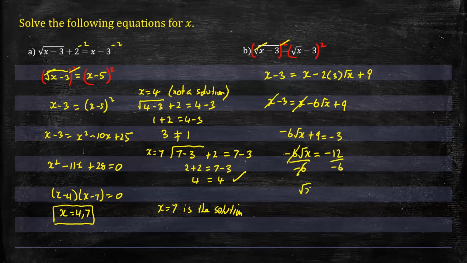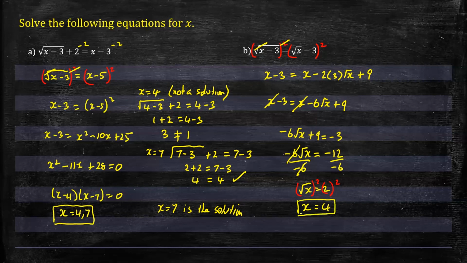We'll get root x equals 2. And now we want to find x, and now we can square both sides. We'll get square root x squared, which is x, and 2 squared is 4. So this is the solution that we get.